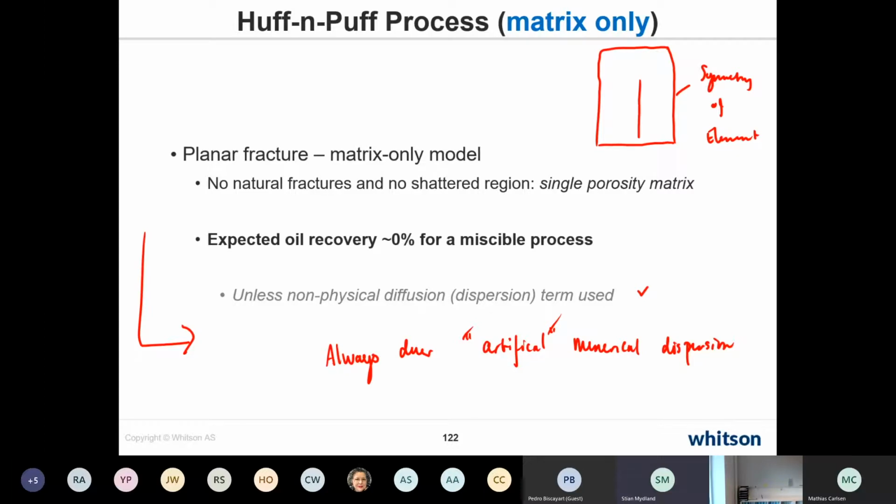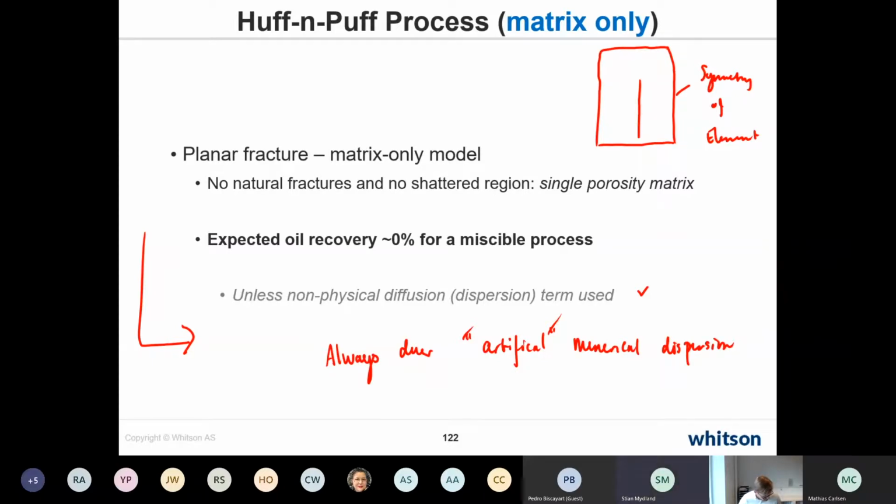I'm not going to go into depth of it here, but it's essentially, as Matthias says, the larger the grid block size, the more... The picture you have to have in your head is that a grid block in a reservoir simulator is a PVT cell. And the bigger that PVT cell is, the more you can fill it with your reservoir oil and also injection gas.